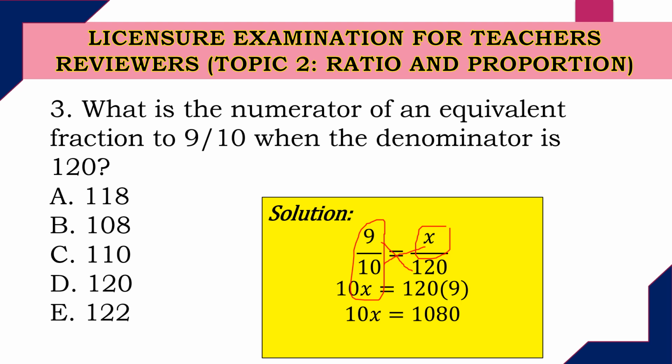Ngayon, ang hinahanap natin ay si x. So, divide both sides by 10. 10x divided by 10, that is x. And 1,080 divided by 10, that is 108. So the answer is letter B.